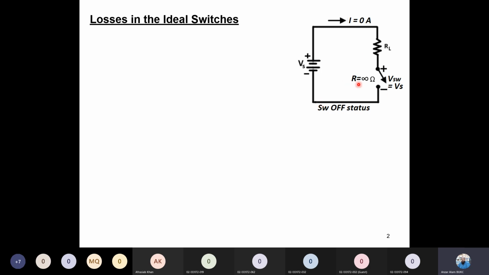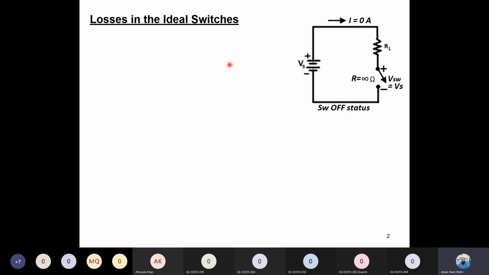What will be the power loss across this switch? Since P is equal to VI, the voltage is maximum but the current is zero, so the power loss will be zero. So the losses in the ideal switch are zero, because it is an ideal switch.